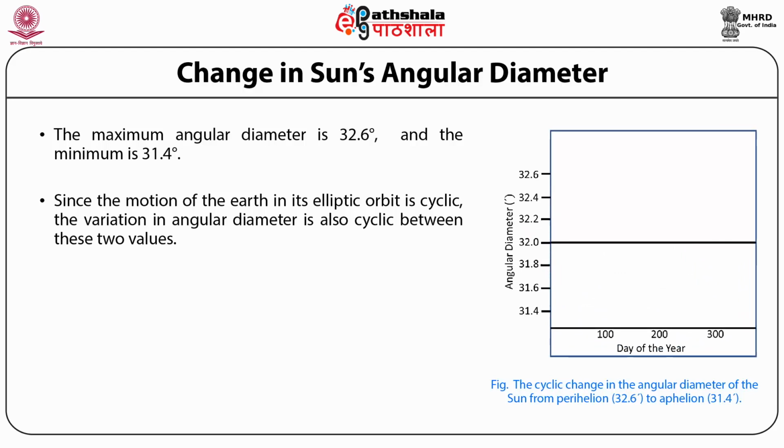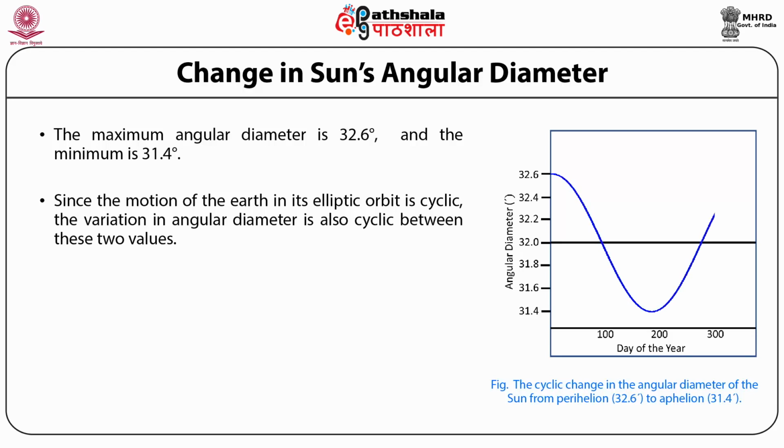Thus, the radius of the sun is given by 1/2 multiplied by angular diameter multiplied by astronomical unit, which works out to be a mean near equatorial value of 6.95508 × 10^8 meters.